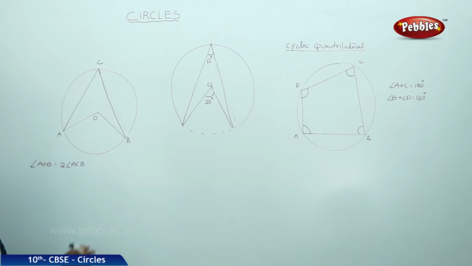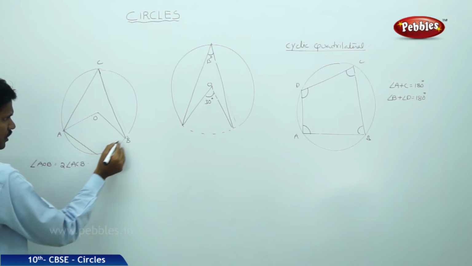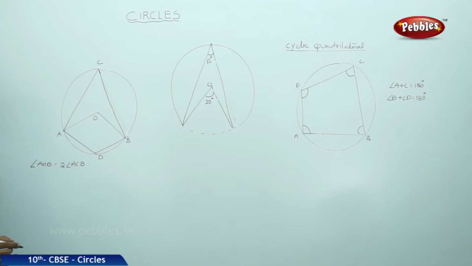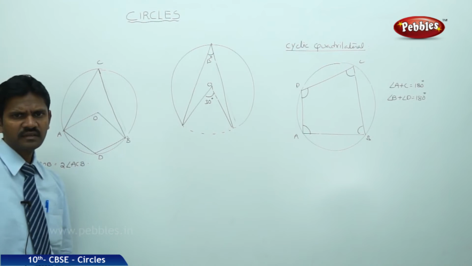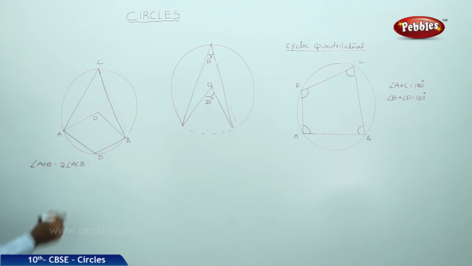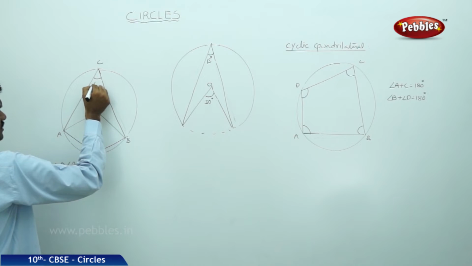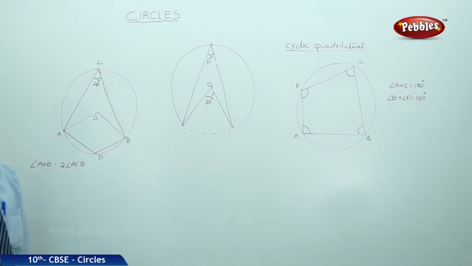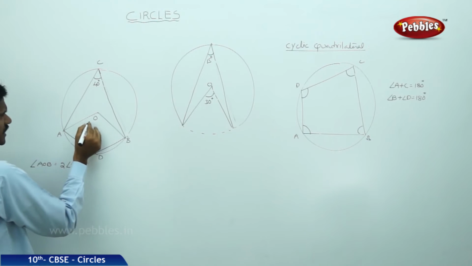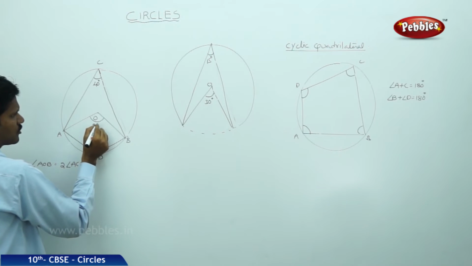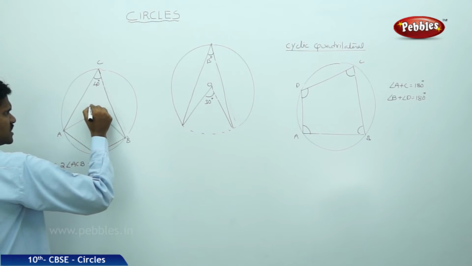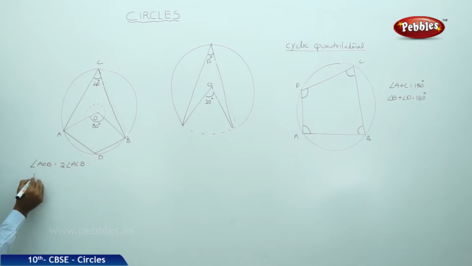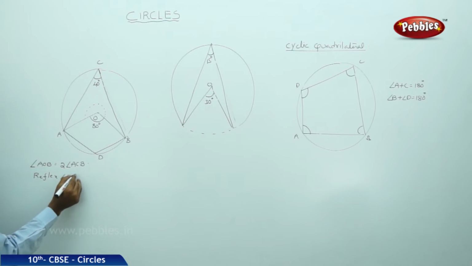Now, let us suppose I join this diagram like this. Now A, C, B, D is a cyclic quadrilateral. Suppose this angle is 40 degrees. The double of 40 is 80 degrees. Now, this is called reflex angle AOB.